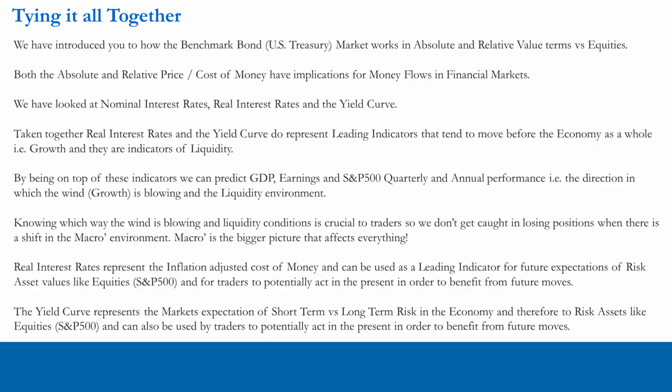So let's tie all of this up together now. It's obviously been a very, very long video. What have we done here? Well, we've introduced you to how the benchmark bond, the US Treasury market, works in both absolute and relative value terms versus equities. Both the absolute and relative price or cost of money have implications for money flows in financial markets.